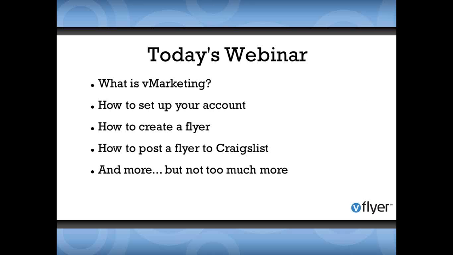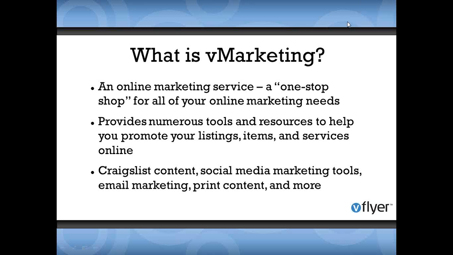So we'll spend some time on that. And I'll show you a couple more features, but again, I really want to stick to the basics today. I don't want to overload you with too much information. Certainly there are other features of vMarketing that we won't go over today. I'll note that we do have some more topical subject-specific webinars that we offer, and you can see those on our upcoming webinar schedule.